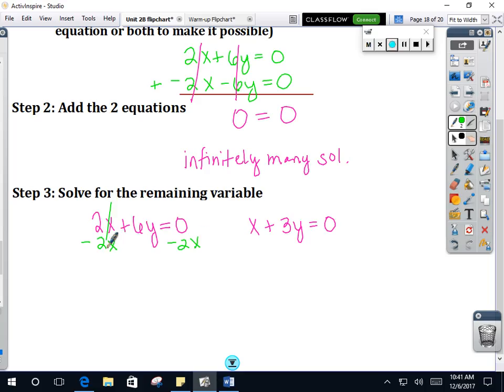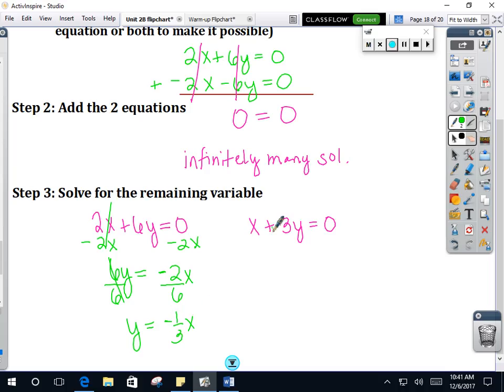It cancels out on the left, leaving 6y. And on the right, 0 minus 2x is just -2x. We now divide by 6 on both sides, and y equals -2 over 6x, won't that reduce to a -1/3 x? Okay, so this equation has been rewritten in slope-intercept form, and it became y equals -1/3 x.